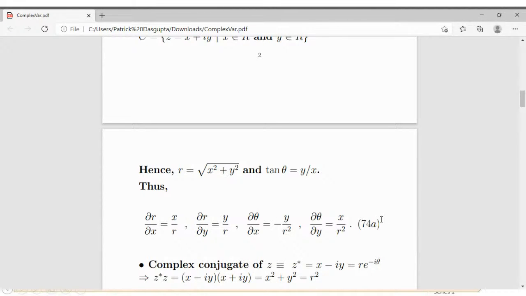Namely, please show the results summarized in equation 74a, that is del r by del x is x by r, del r by del y is y by r, del theta by del x is minus y by r square, and del theta by del y is x by r square.